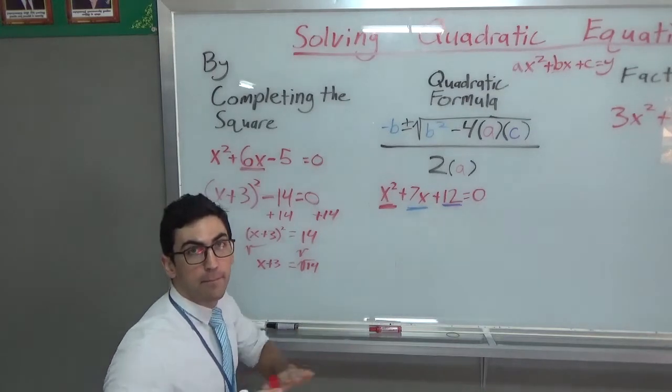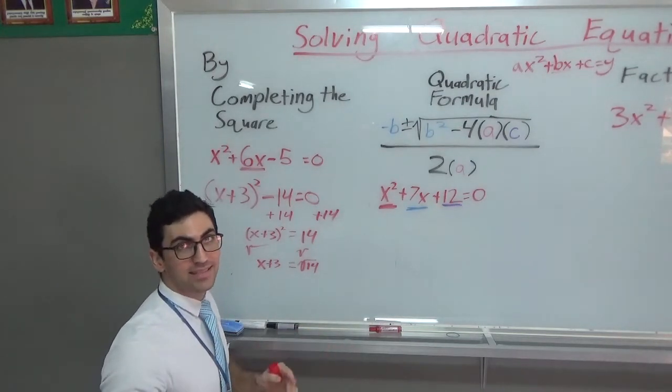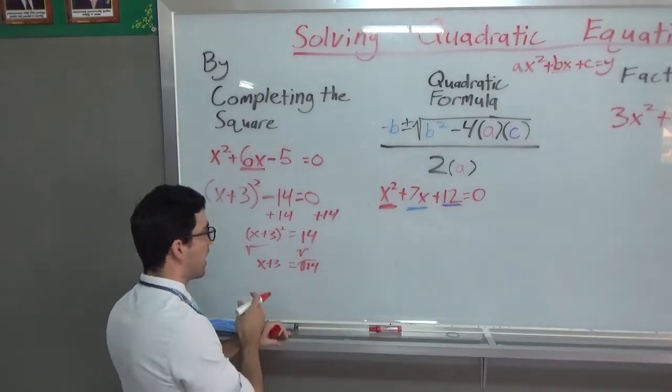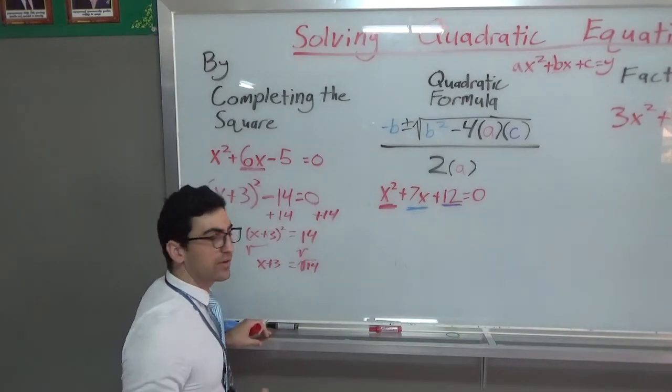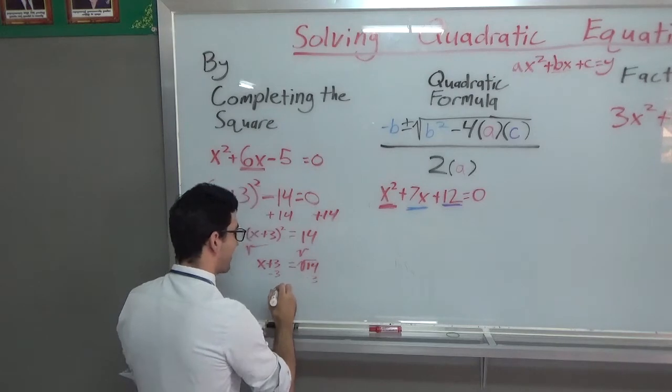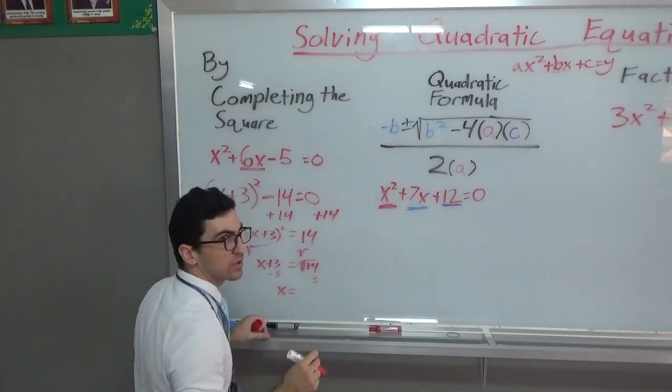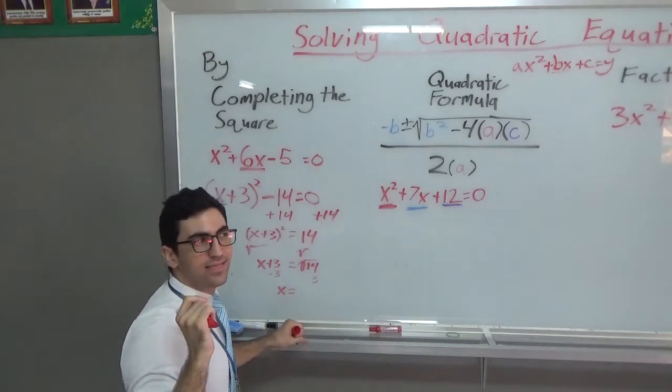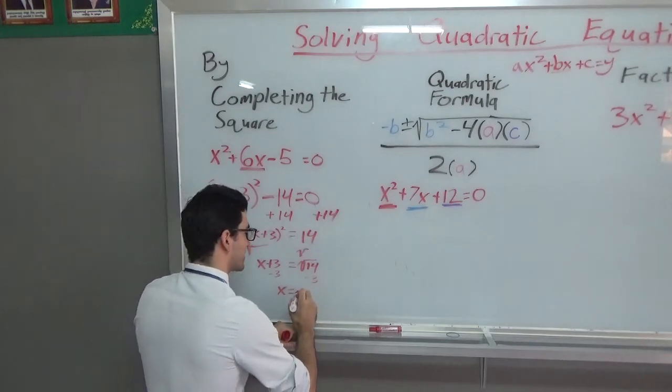Now remember, my goal is to get x by itself. So how I can get x by itself is subtract 3 from both sides. So I have x is equal to square root of 14 minus 3.